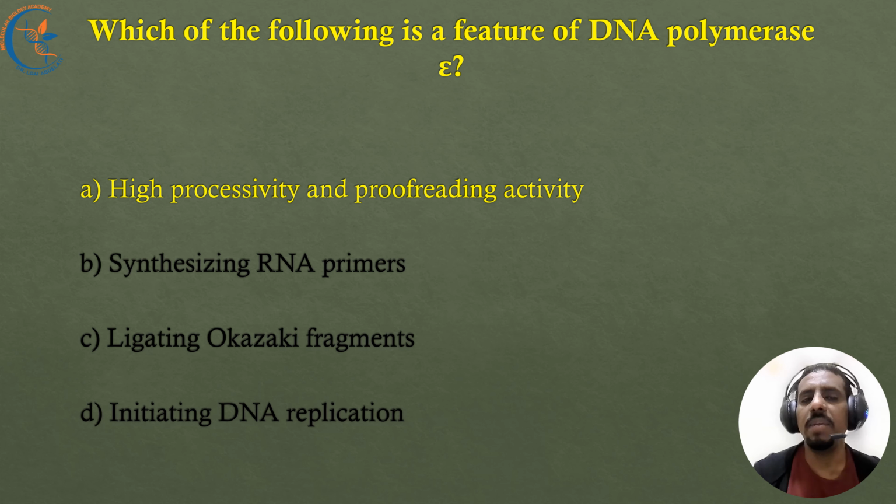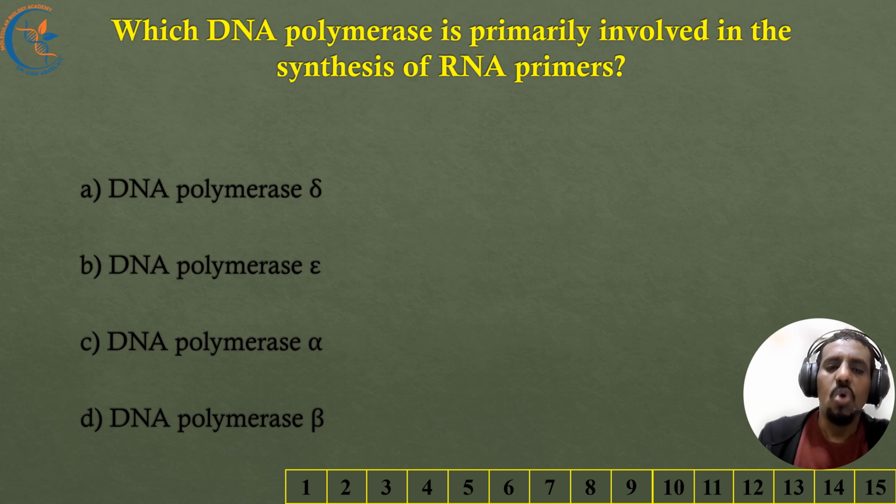All right, actually DNA polymerase epsilon has high processivity and proofreading activities, which are essential for synthesizing the leading strand in eukaryotic cells. All right, let's move on. Okay, the next question. Which DNA polymerase is primarily involved in the synthesis of RNA primers?